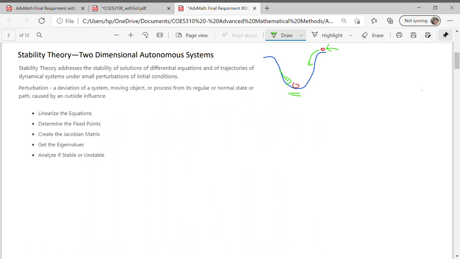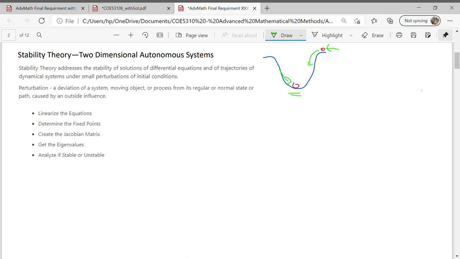Or will it continue going down, reaching the bottom of the valley? Of course, obviously, the marble will continue to go down to the bottom of the valley because of gravity. So we can say that the original state of the marble, though it is a steady state, is unstable. So for stability theory, we analyze those things.